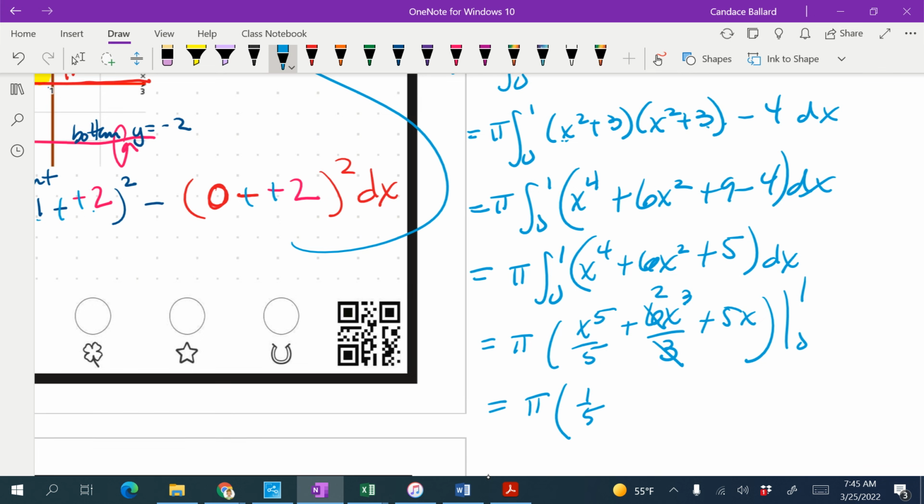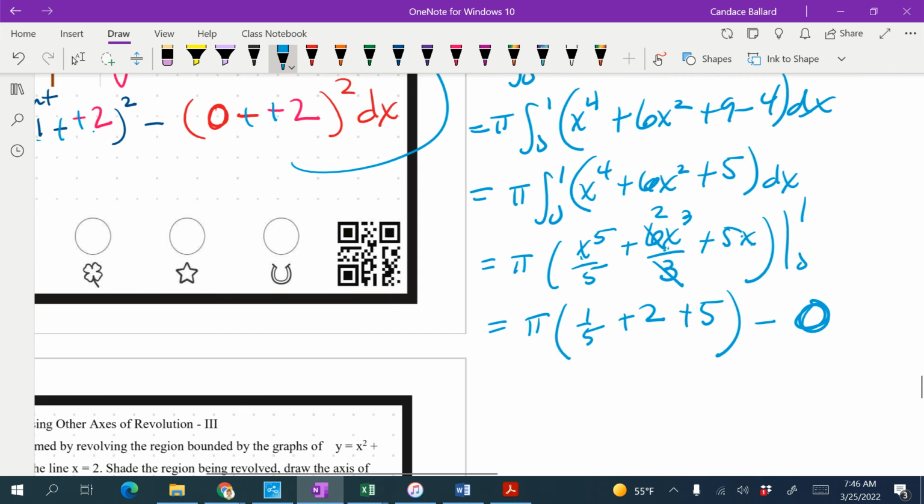These are technically going to cancel, and I'm not going to go to the simplifying line. I'm just going to do it in my head. So 1 cubed is 1 times 2 is 2. And then 5 times 1 would be 5. And if you think about it, when I put the 0 in there, it's going to be 0, 0, 0. So I'm subtracting 0. I really don't even need to write it down. That is actually a good answer. You don't have to do more than that.